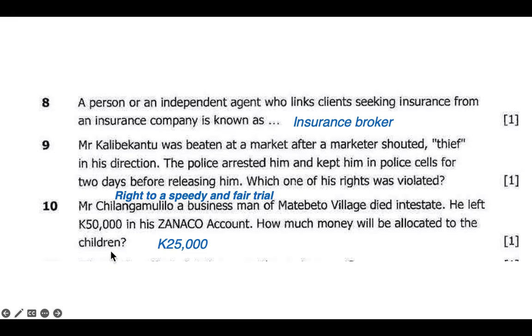So we do 50% of 50,000. Half of 50,000 is 25,000. So this is 100%, and 50% of it is 25. So 25 has to be allocated to the children based on the Intestate Act. Okay, so we look at the other question.